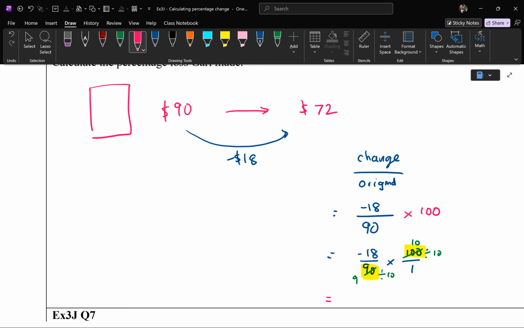And we end up with negative 18 over 9 multiplied by 10. Conveniently, negative 18 over 9 reduces to? Very good. 2 over 1. Good. So it becomes negative 2. And so negative 2 times 10, what does that equal to? Negative 20. Don't forget the percent symbol.